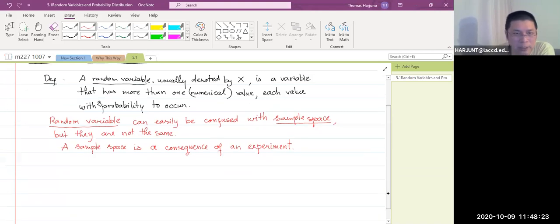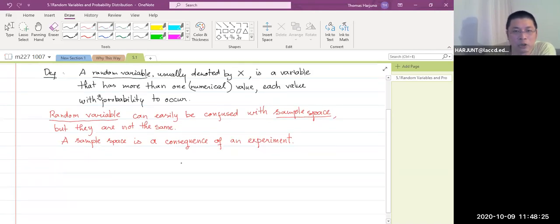For example, suppose the experiment is tossing a fair coin twice.